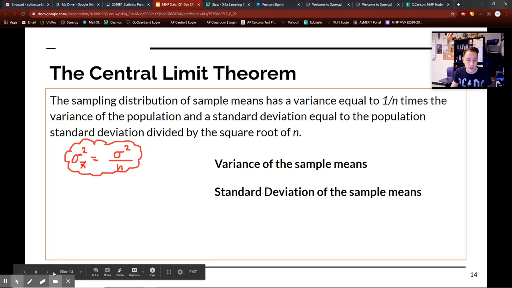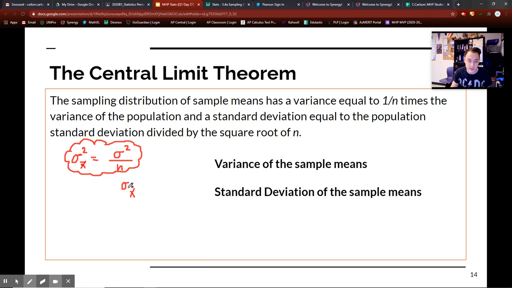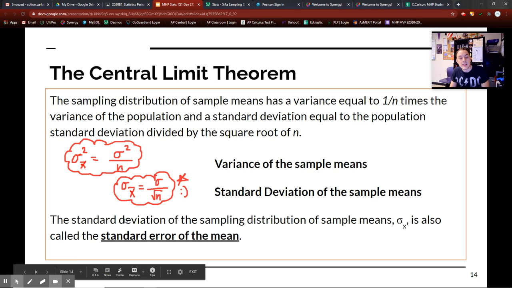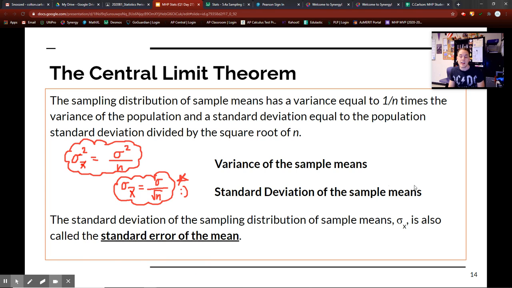We also are going to look at the standard deviation of the sample means, and that's just this: the standard deviation of my sample means equals my sigma all over radical n. This is a very, very important formula, and we are going to be using it a lot. So keep that in mind. The standard deviation of the sampling distribution of sample means is sigma sub x, or sigma sub x bar sometimes.